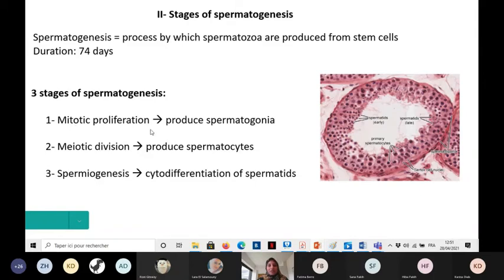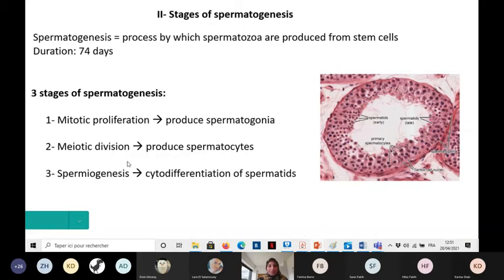The first stage is the mitotic proliferation. During this mitotic proliferation, we will have the production of the spermatogonia and the increase in their number. Then we have the meiotic division, which will produce the spermatocytes, because as you remember from chapter 1, the spermatogonia will give the primary spermatocytes, which will enter meiosis to give the spermatids.